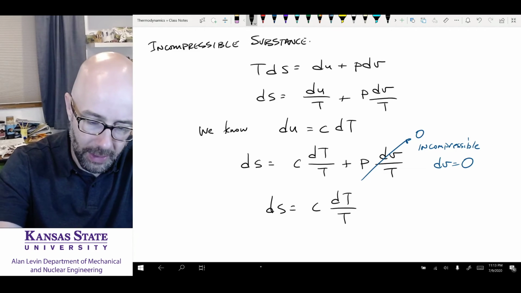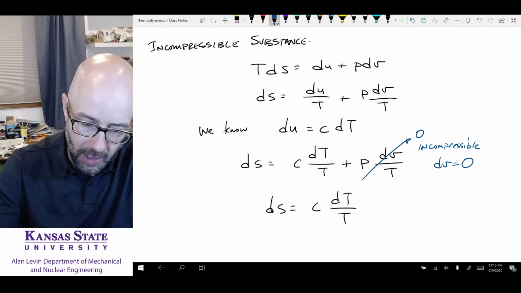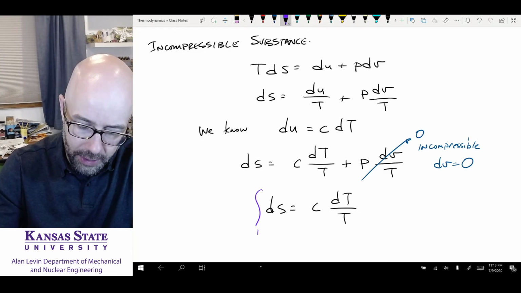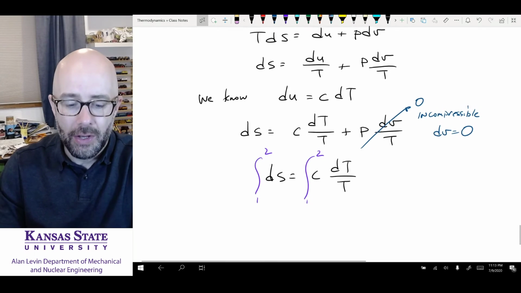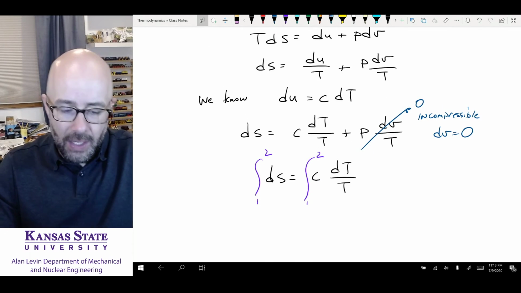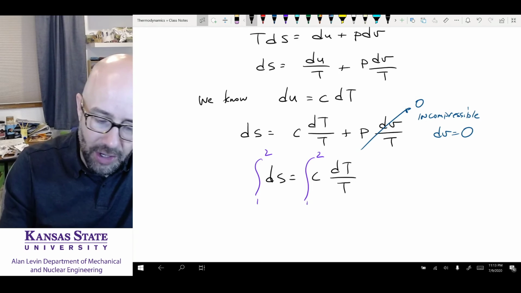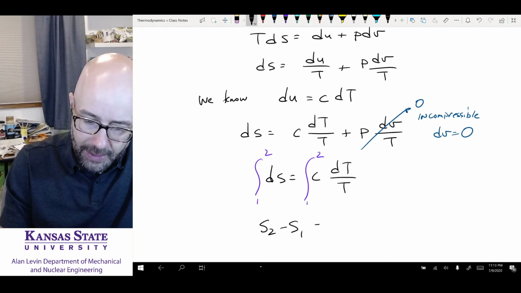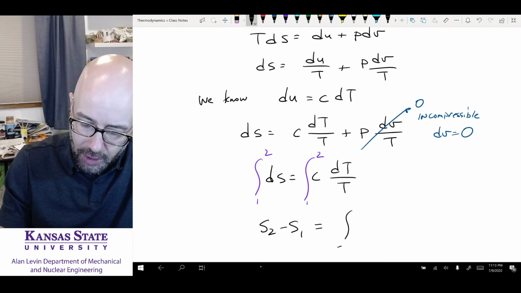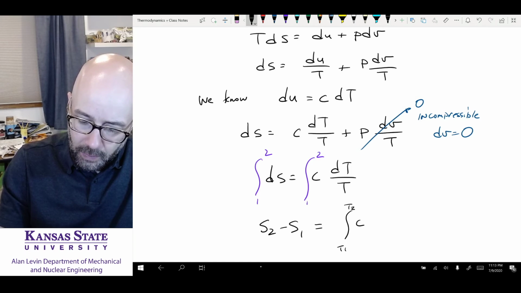Okay, what we want to do here is integrate this from 1 to 2 and integrate this from 1 to 2. Now notice that as we do this, the left-hand side of the equation is going to be pretty easy. It's going to be S2 minus S1, equal to the integral from temperature 1 to temperature 2 of specific heat over temperature times dT.